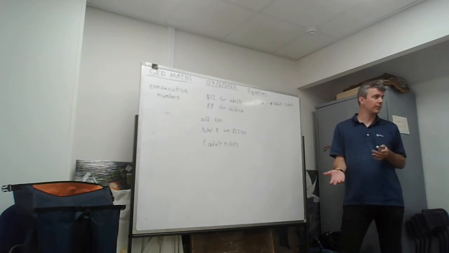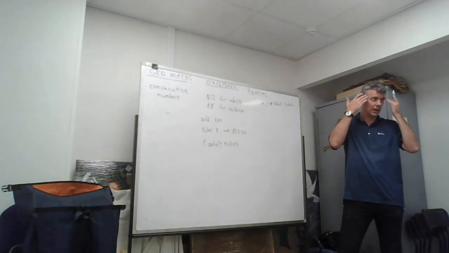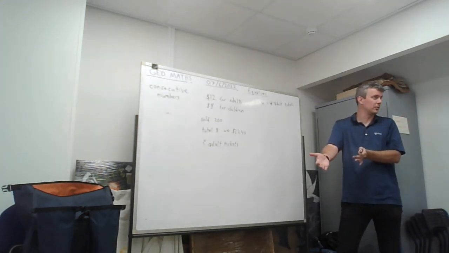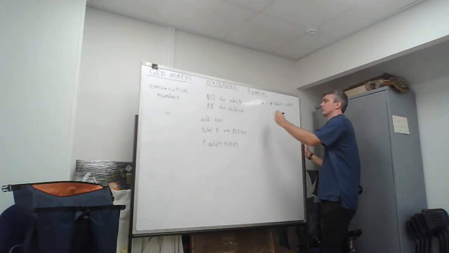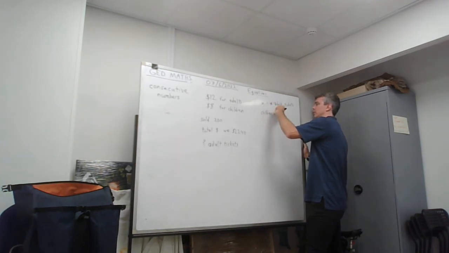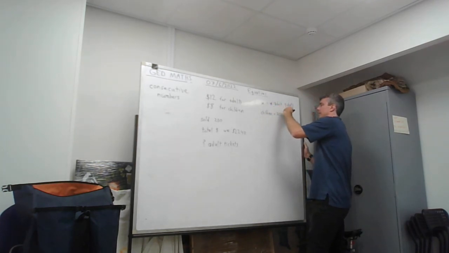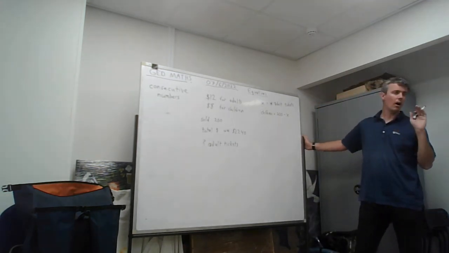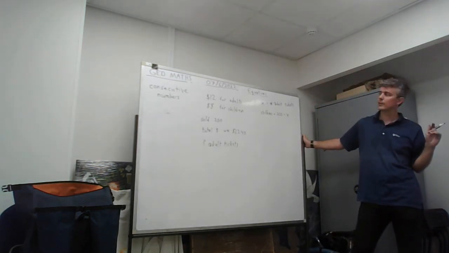If X was 150, then there were 50 children tickets. That's what you're doing in your head. What you're doing is 200 minus how many adults you have. So children is (200 minus X).